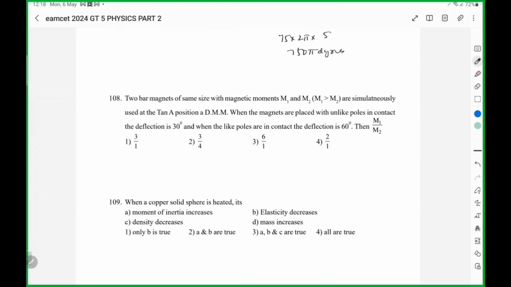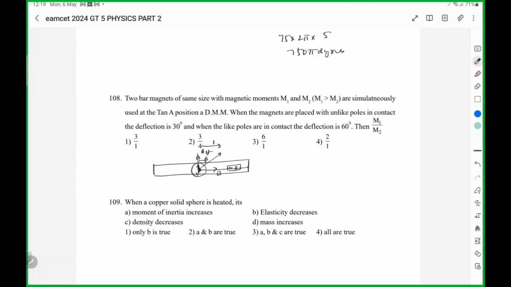The two bar magnets of same size with magnetic moments are placed in a simultaneous position; here the magnetometer pointer will be in this direction. So the earth's magnetic field here, the magnet is placed in the axial position. This is the magnetic field due to the magnet and the earth's magnetic field.